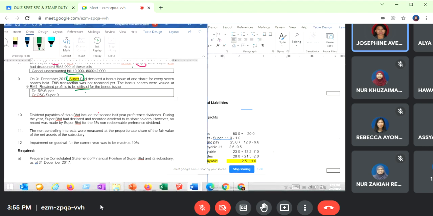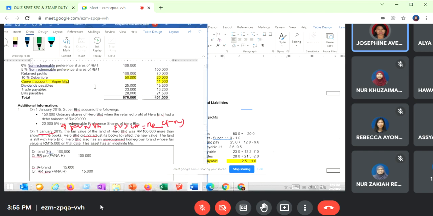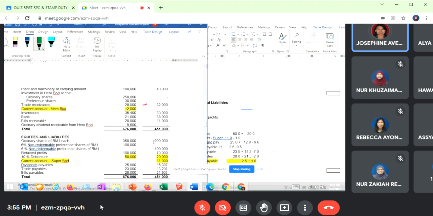So the figure here is 1 for every 7 of the shares held by the shareholders in Super. So you go to the additional info. You can see here the share capital of Super is 350.